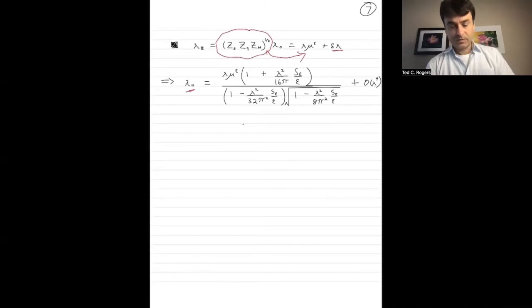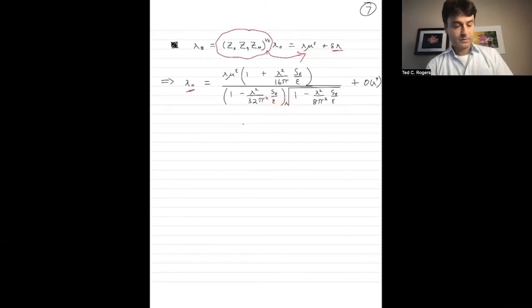If we look back to the previous slide, each one was the square root of 1 minus lambda squared over 32 pi squared times the pole part. And since we've got two factors of them, I'm just going to remove the square root sign. Then we've just got Z_s, which was the square root of 1 minus lambda squared over 8 pi squared.